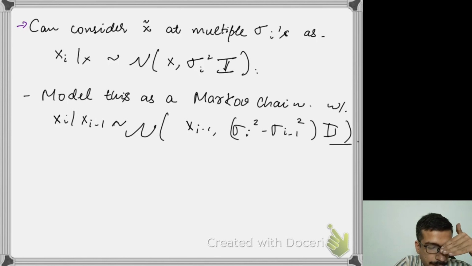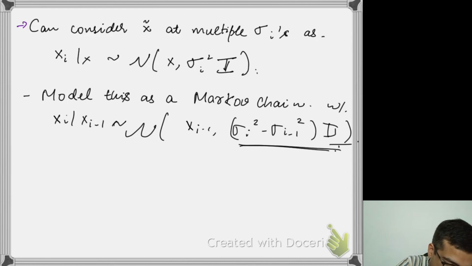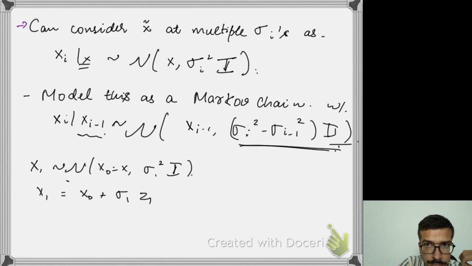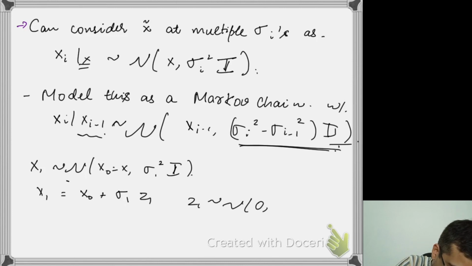So let's say x1 is normally distributed with mean x naught, which is x, and variance sigma 1 squared I. Essentially I can write it as x1 equals x naught plus sigma 1 times z1, where z1 comes from a normal distribution with mean 0 and variance identity.